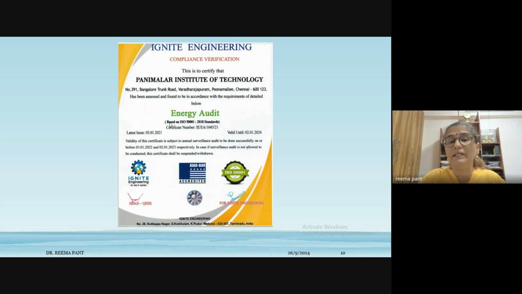You cannot have an energy auditor who is not BEE certified, which is the Bureau of Energy Efficiency. So he has to be certified, it should be accredited, and you can see here, besides the Ignite Engineering, the other accreditations you need to have in your certificate to ensure that it is a genuine certificate. All right. Next.